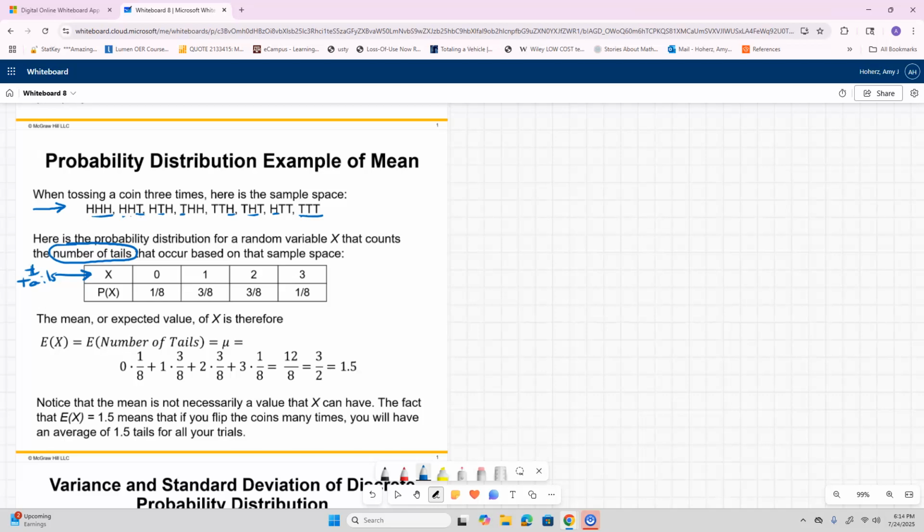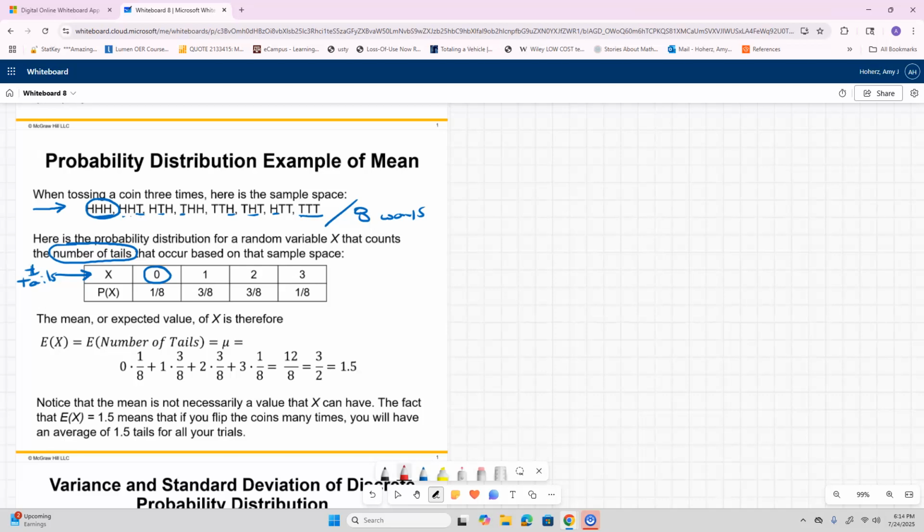I'm going to try to color code this a little bit. So 0 tails only happens in this instance. There's only 1 time that we can get 0 tails, and that's if you get heads, heads, heads. Remember, there's a total of 8 ways, so all of these are going to be out of 8. So we have 1 out of the 8 ways that is no tails.